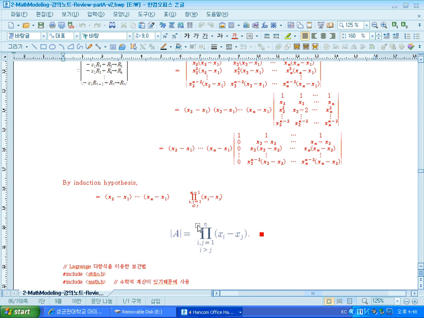The important thing here is that this determinant cannot be 0 if these xi's are all different. If xi is not the same as xj for all i and j, then these are not 0. So a product of non-zero terms should not be 0.